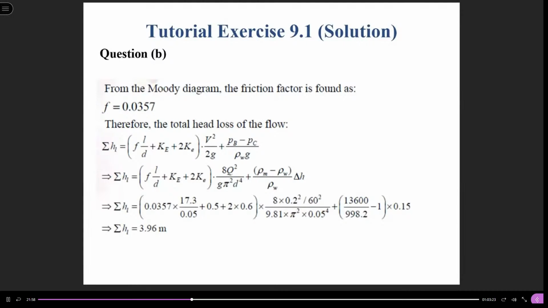So this is the general formula, right? For the total head loss. This equation, general.